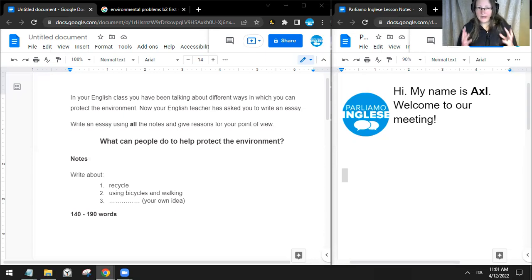In fact, from Cambridge's point of view, they're really only interested in how we are expressing our ideas. They're interested in the quality of our English. So when you're writing these tasks, you should really be focusing on the quality of your English, the quality of your writing, and they are less interested in the quality of your ideas.